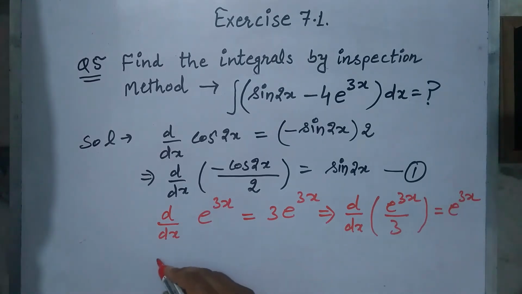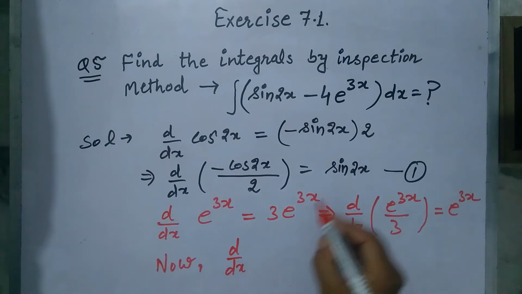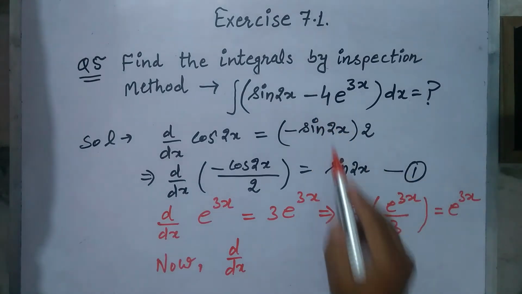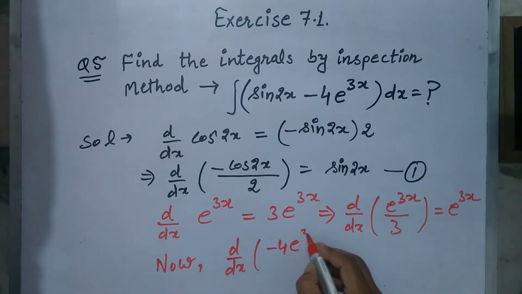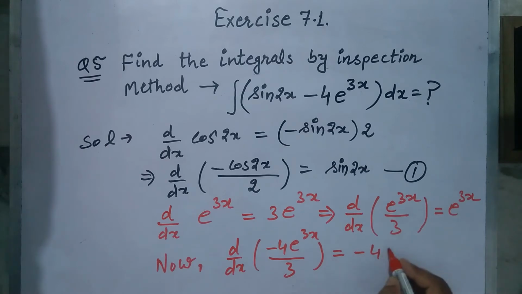Now multiplying both sides by minus 4, derivative of minus 4 e raised to power 3x upon 3 is equal to minus 4 e raised to power 3x. This is number 2.